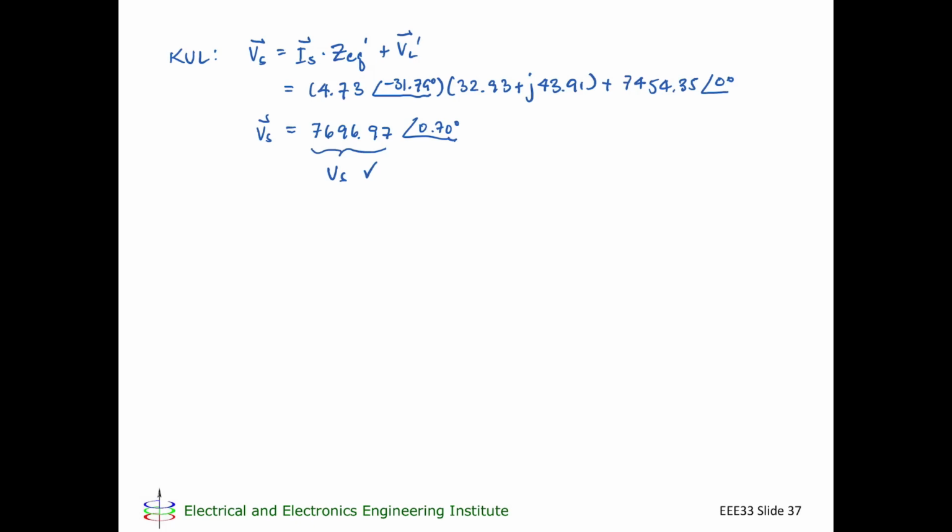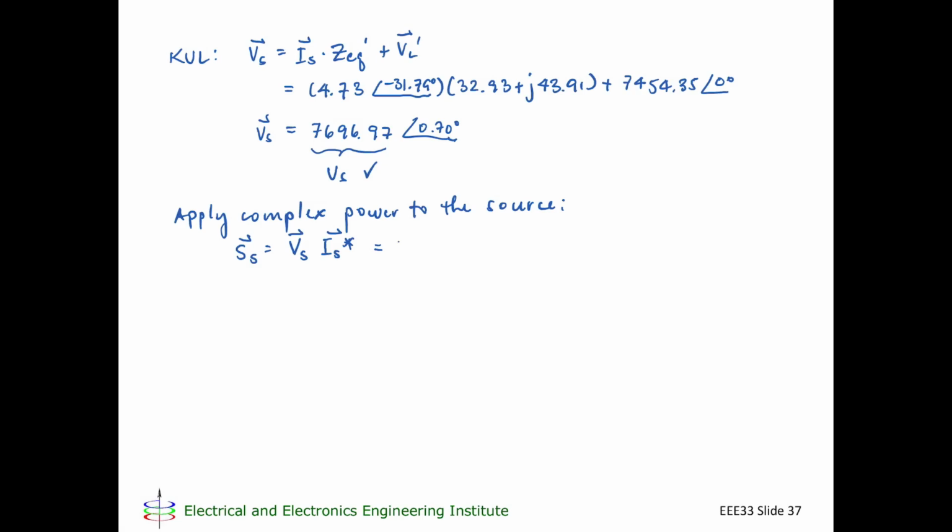I can apply complex power to the source. S of S is equal to V_S, the voltage at the source, multiplied by I_S conjugate. What is this?